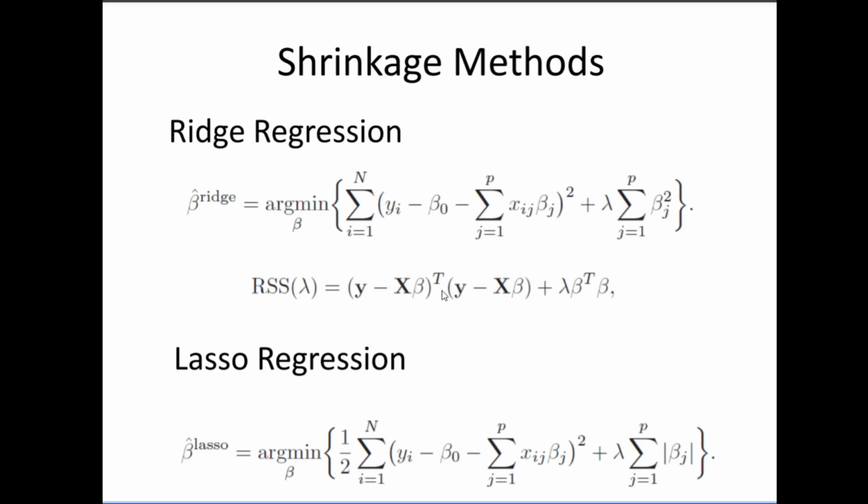Now the RSS for this looks like (y minus X beta) transpose (y minus X beta) plus lambda times beta transpose beta. A very interesting property of ridge regression is that it renders your matrix invertible. The original RSS was just the first term, and now I am putting this penalty inside.